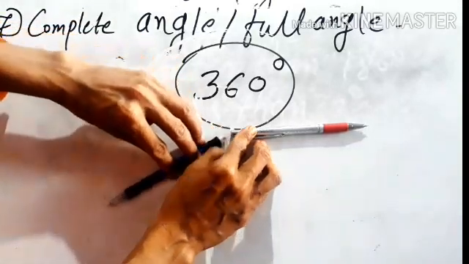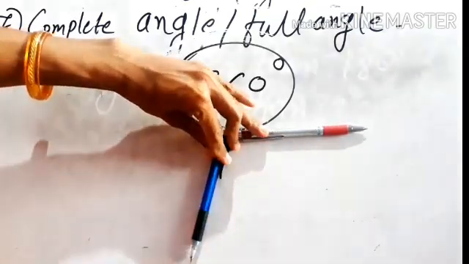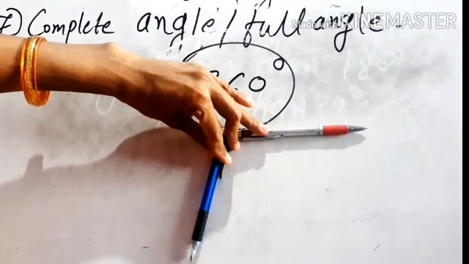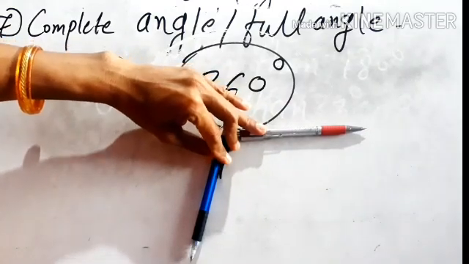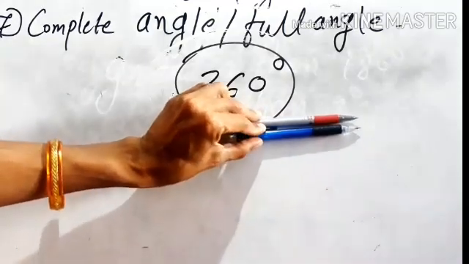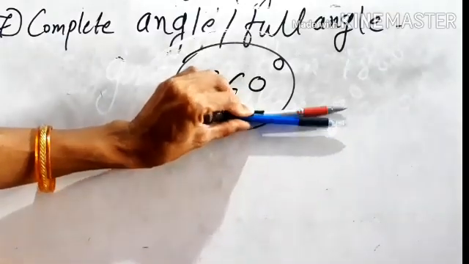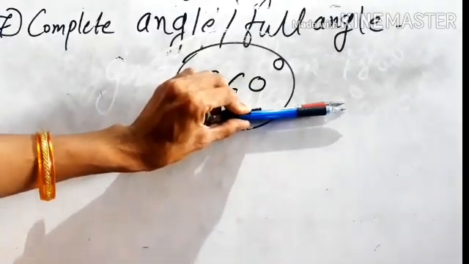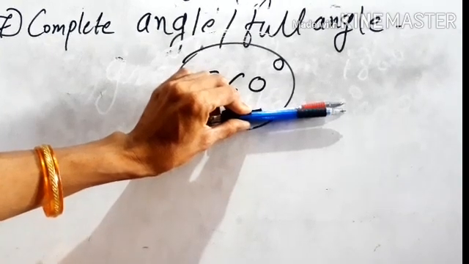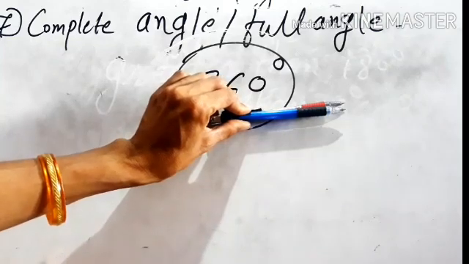Then this angle is called a reflex angle, which is greater than 180 degree but less than 360 degree. And when it completes its one rotation, it is a complete angle. The complete angle measure is 360 degree. Okay, so did you understand it? Okay. Thank you.